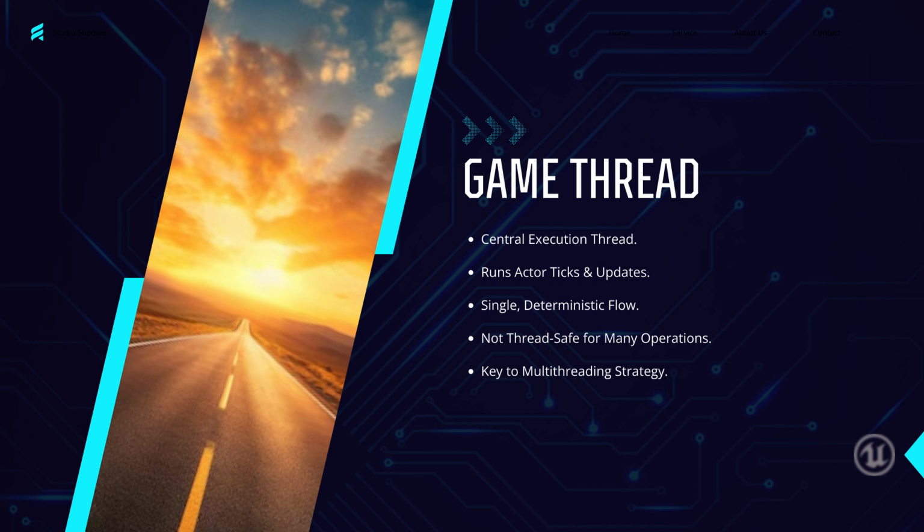It's also a single, deterministic flow, since it avoids data races and ensures stable gameplay. It's not thread safe for many operations, since most engine calls must occur here in the game thread. The game thread is key to a multithreading strategy, for it determines which tasks stay on the game thread and which can safely move off.